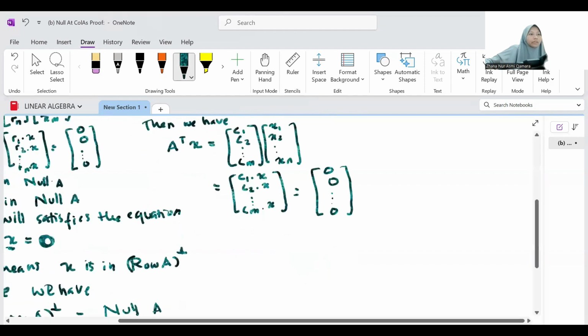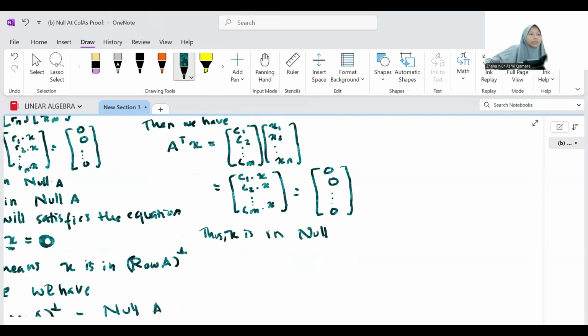And that means that x is in the null space of A transpose.